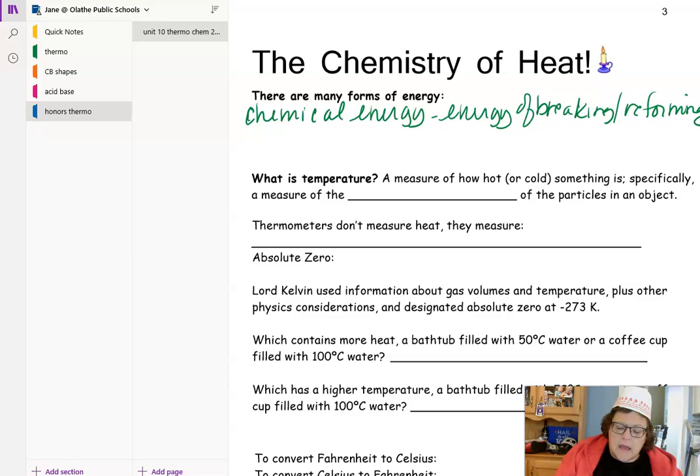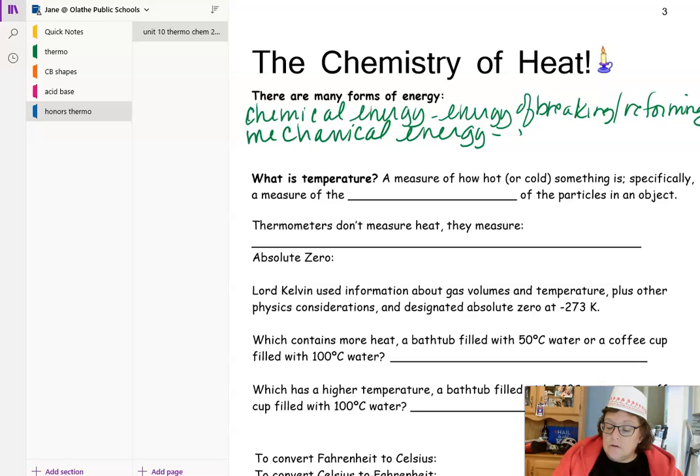We have mechanical energy, which is energy something has because it's in motion.